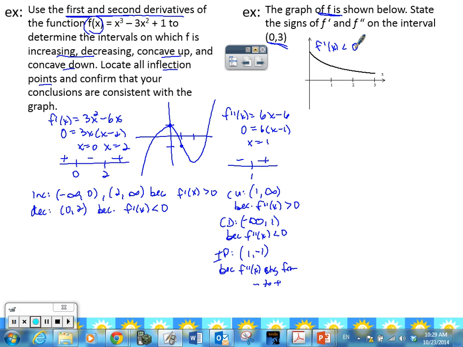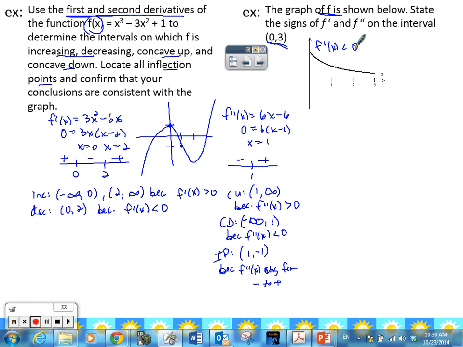So now we haven't really had much experience with reading concavity off of position, but we talked about it on that first slide. Remember the shape? If the shape is kind of up or the shape is kind of down, it kind of tells you what it is. In this particular case, what do you think we're going to be? Concave up, right? Because it's kind of up.